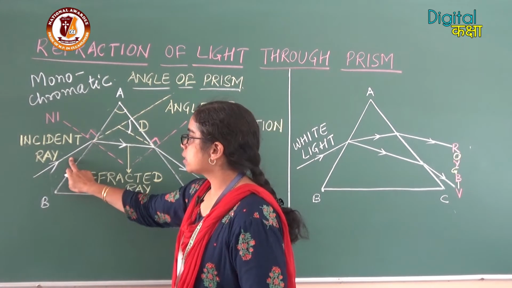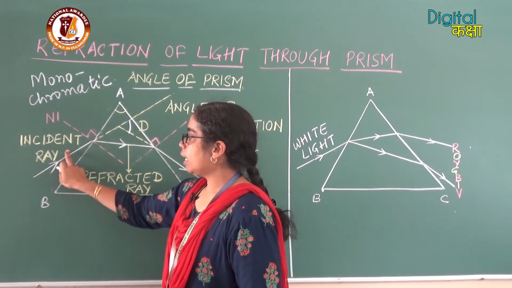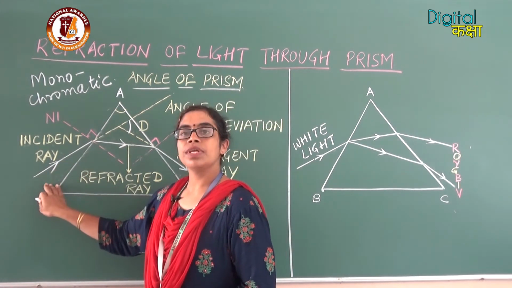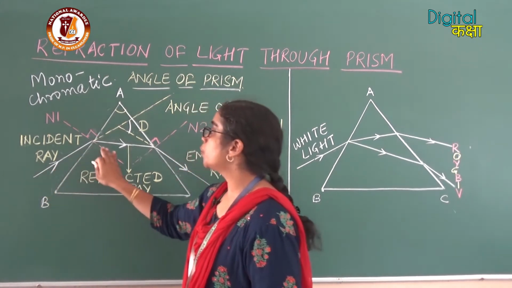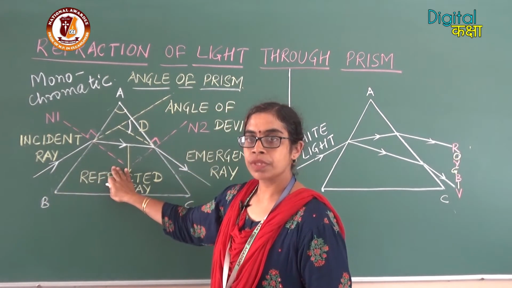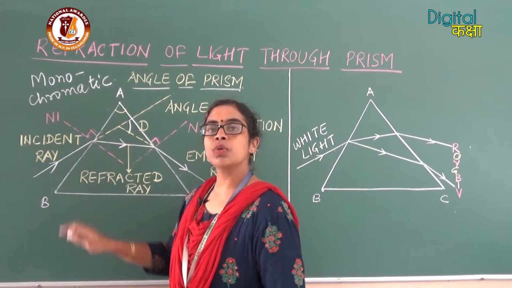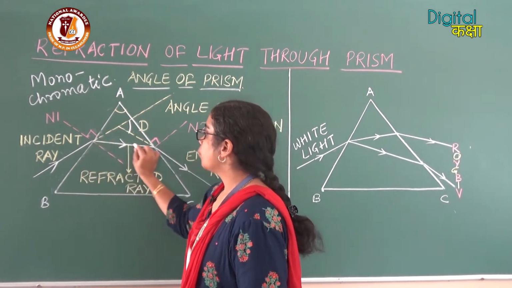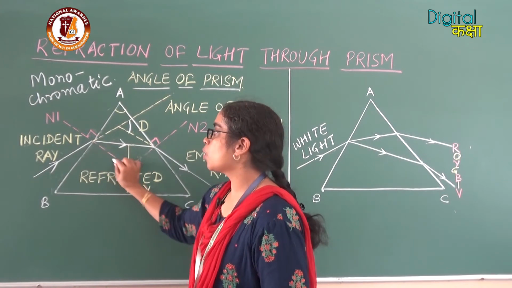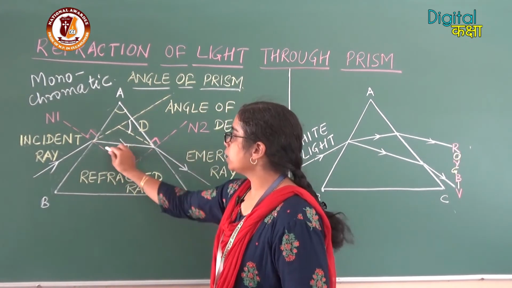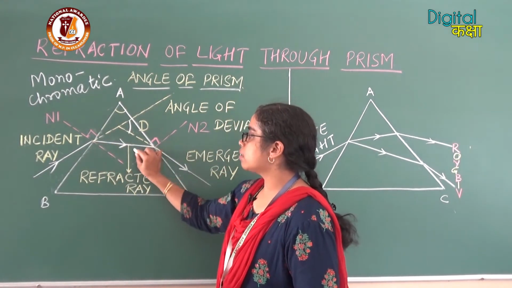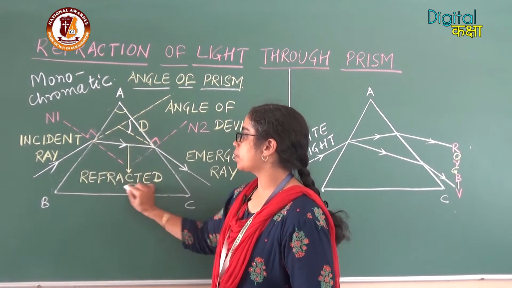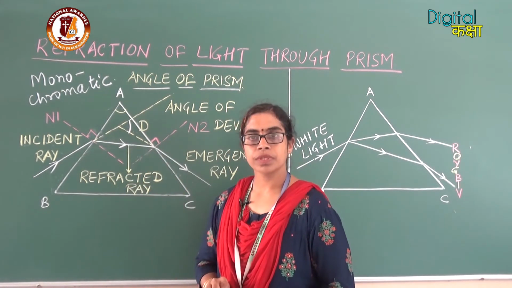In this case, since the light is travelling from the rarer to the denser medium, according to the rule of refraction, the refracted ray will bend towards the normal. In this diagram, this ray is termed the refracted ray.